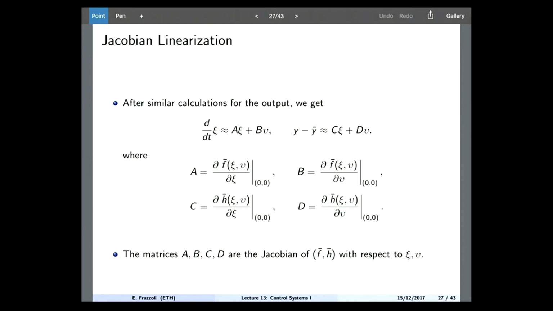However, this is a linear system that describes very well how the original nonlinear system behaves around the equilibrium point. Okay? You get the subtlety here? This is not real, okay? But it matches very well the behavior of the nonlinear system in the proximity of the equilibrium point, okay?